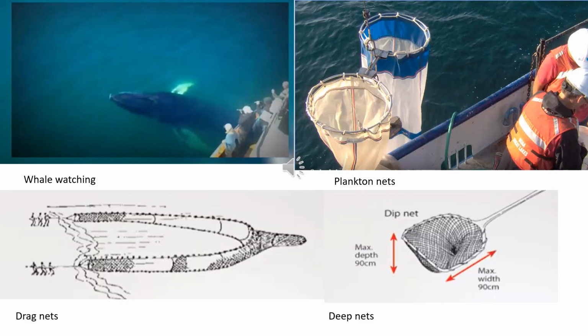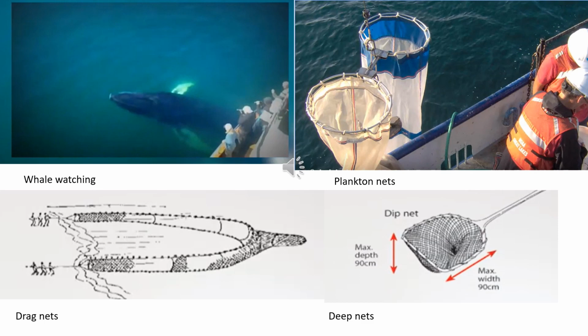For aquatic vertebrates, there are other sampling methods. One of them is the direct method to recognize and identify species of whales. This is called whale watching, which you can easily do from a boat. There are other simple techniques like using plankton nets.